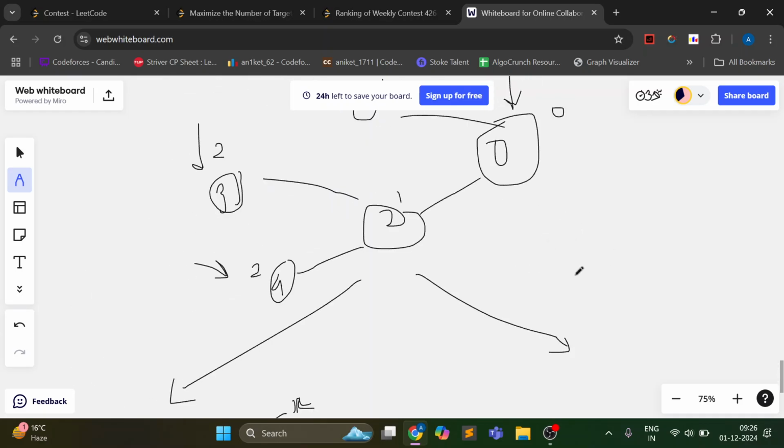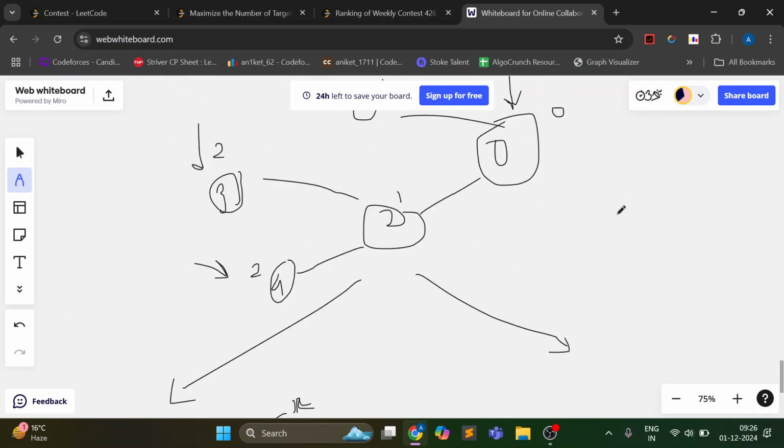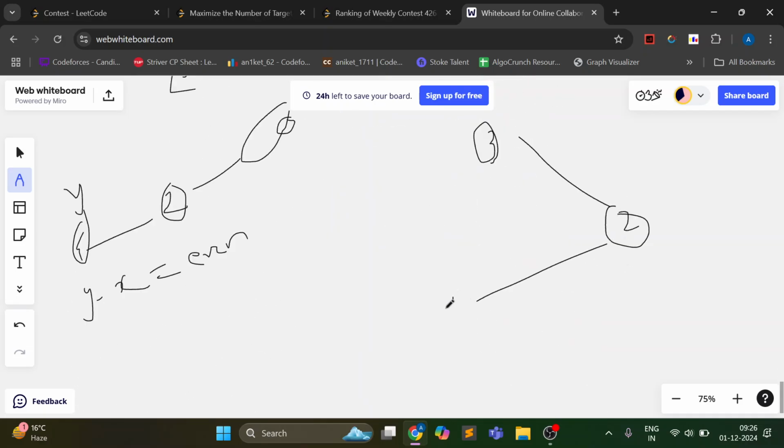Now let's say they are not on the same lineage, they are on different branches, like this. So this is level 2, this is level 1, and this is level 2.